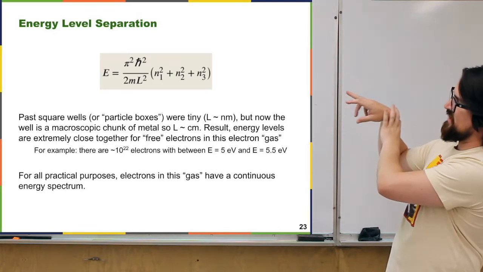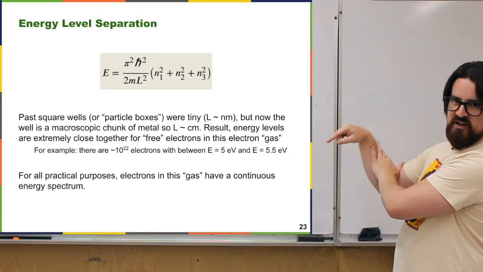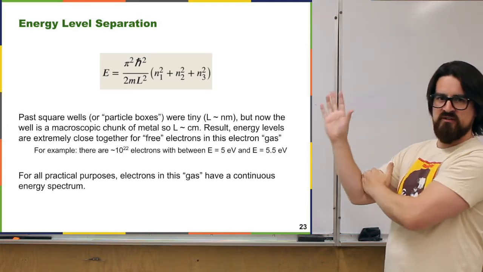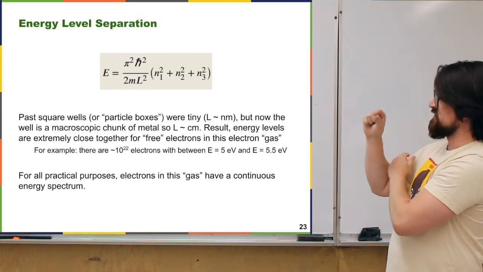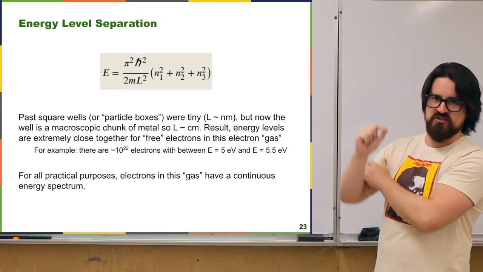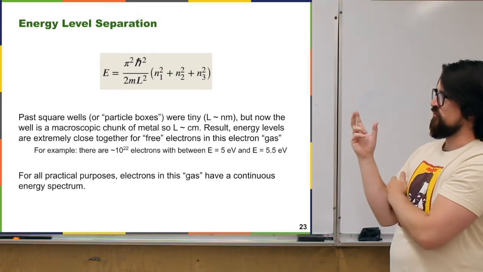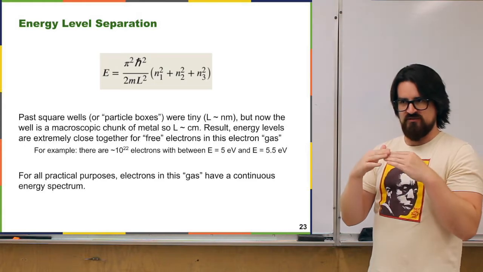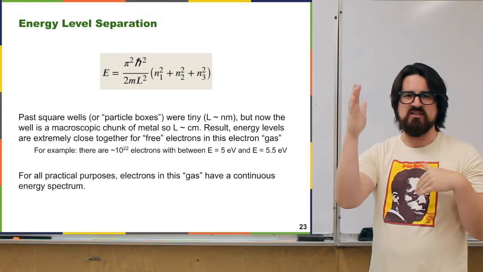So that means in the allowed energies, or in the energy states here, L is in the denominator. L got a lot bigger, meaning that the smallest energy available is much, much smaller, and also that the difference between energy levels is much, much smaller. So much so that the energy levels for electrons in this free electron gas are essentially continuous.